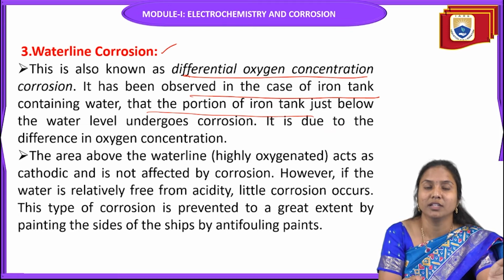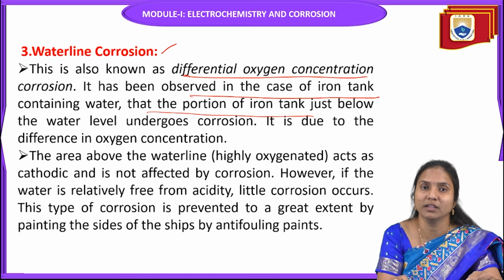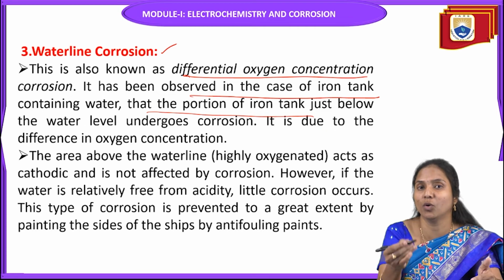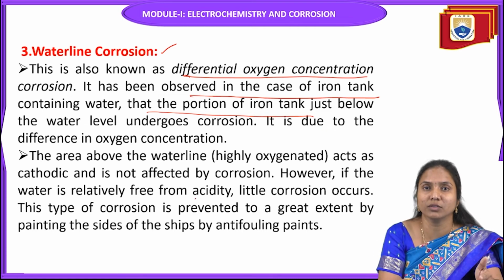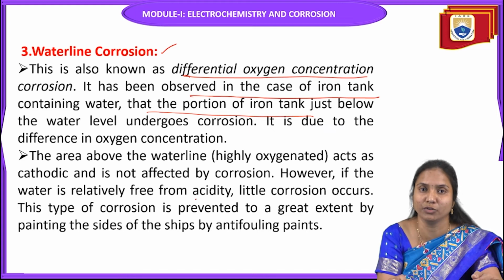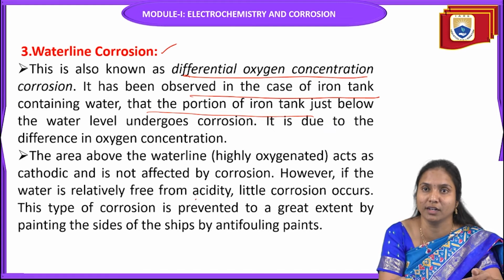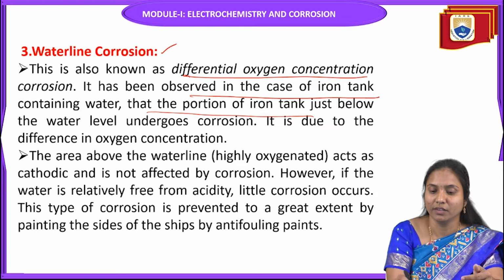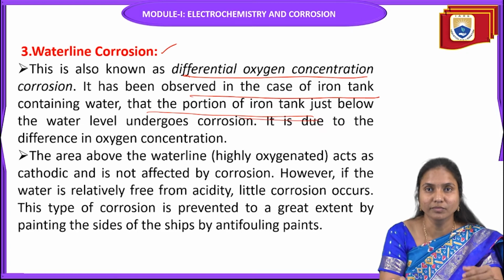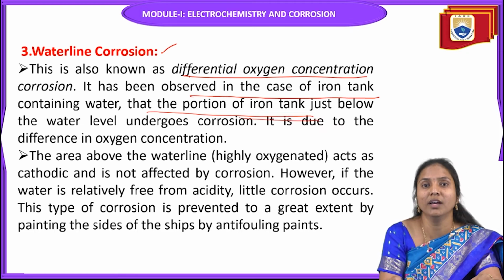As in the previous case, the part just below the water level acts as the anode, and above the water level acts as the cathode. This type of waterline corrosion is generally observed in water tankers. The portion just below the water level undergoes corrosion because of poor oxygen in that area.